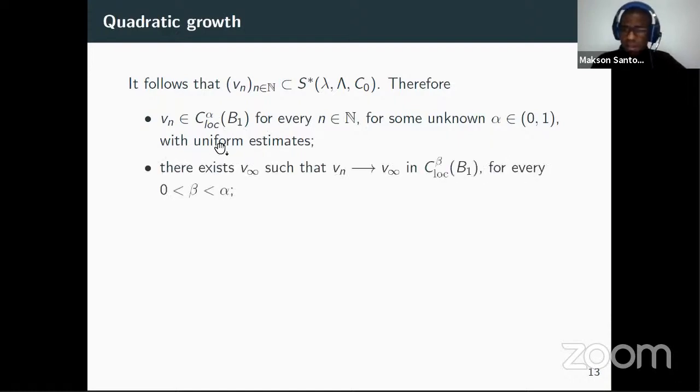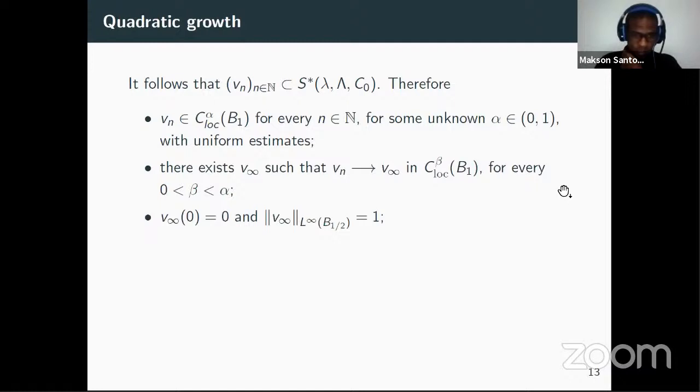It implies by Ascoli-Arzelà that there exists a V infinity such that Vn converges to V infinity in C beta locally for every beta between 0 and alpha.